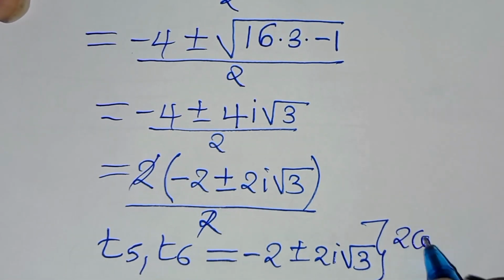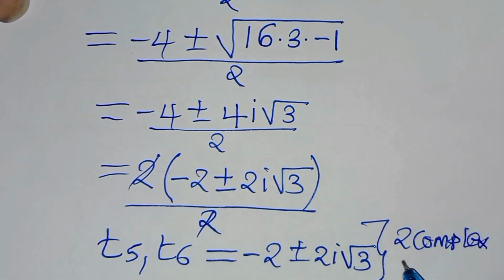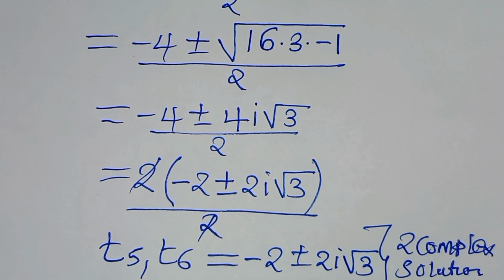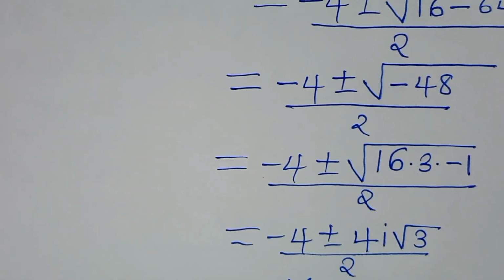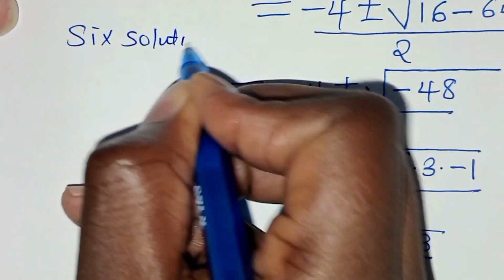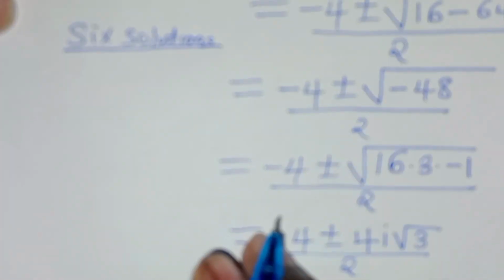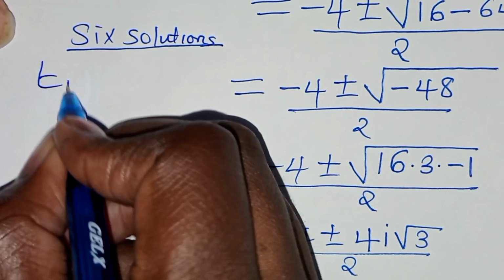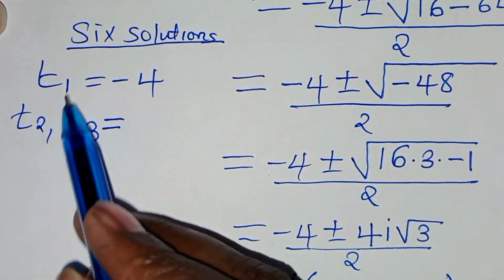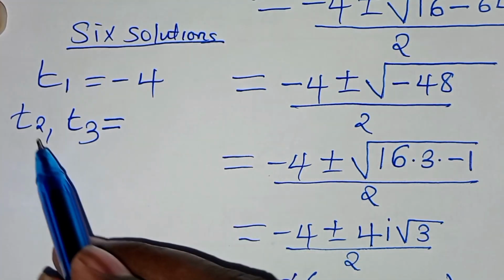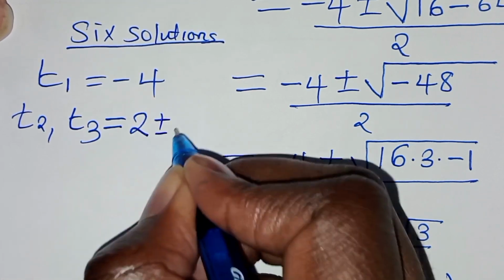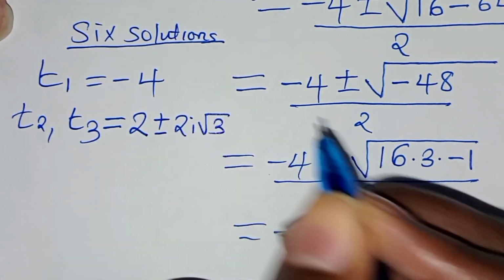These are two complex solutions, and this totals to 6 solutions. So from this we have 6 solutions to this exponential problem. That is, t1 is equal to minus 4. t2, t3, this is 2 plus or minus 2i square root of 3.